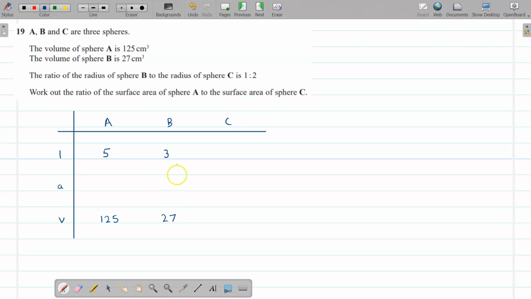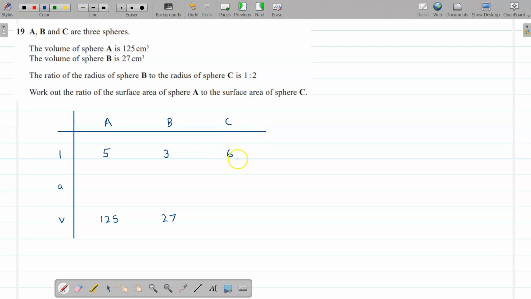The cube root of 27 is 3, the cube root of 125 is 5. So basically the lengths or the radiuses or any lengths in those spheres A and B are in the ratio 5 to 3. And sphere C is double the lengths of B. So the radius of sphere B to the radius of sphere C is 1 to 2. So if that's 3, this must be 6.